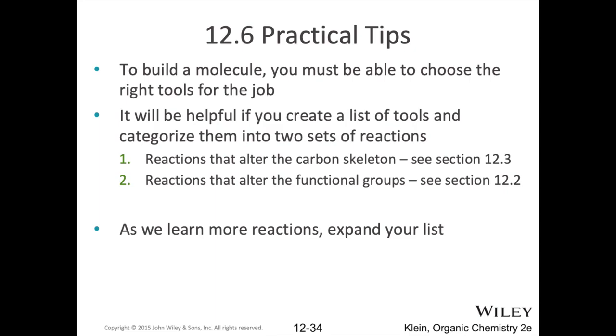So that being said, by now hopefully you've started to build up that synthetic toolkit I've mentioned, and it might be good to compartmentalize it into sections. We've kind of already started doing that just by looking at types of reactions.